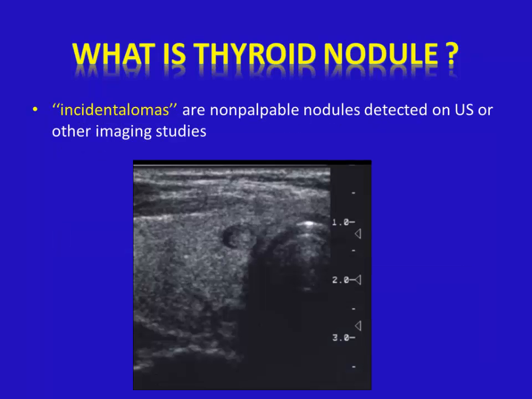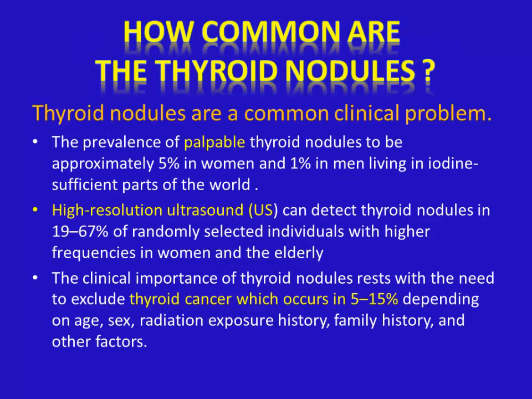Non-palpable nodules can be detected on ultrasound or other imaging modalities done for other reasons, such as imaging of the neck, and these incidentally discovered nodules carry the same risk of malignancy as palpable thyroid nodules of the same size. So why are we concerned about thyroid nodules? Thyroid nodules are actually a common clinical problem.